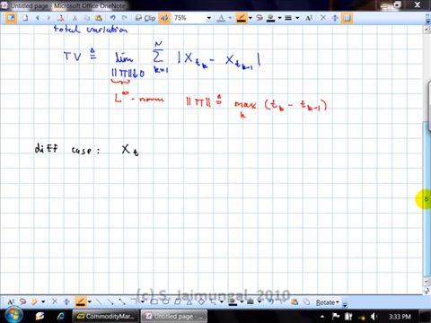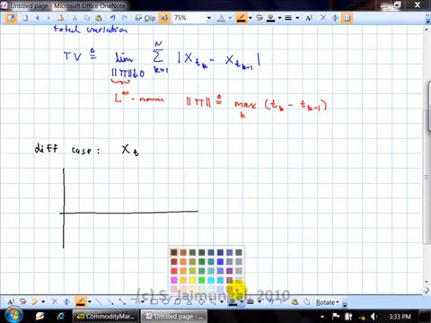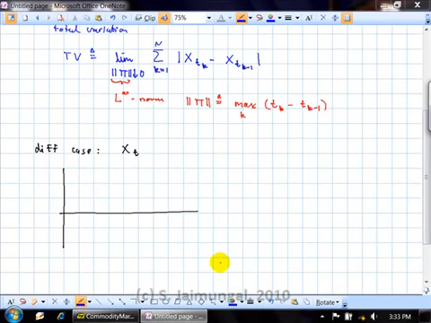So if I want to compute this total variation, let's draw a little picture here and zoom in to one of the intervals that we're looking at. We have a partition, right? We've got time broken up into a bunch of places. Let's take a look at one little interval, t_{k-1} to t_k.